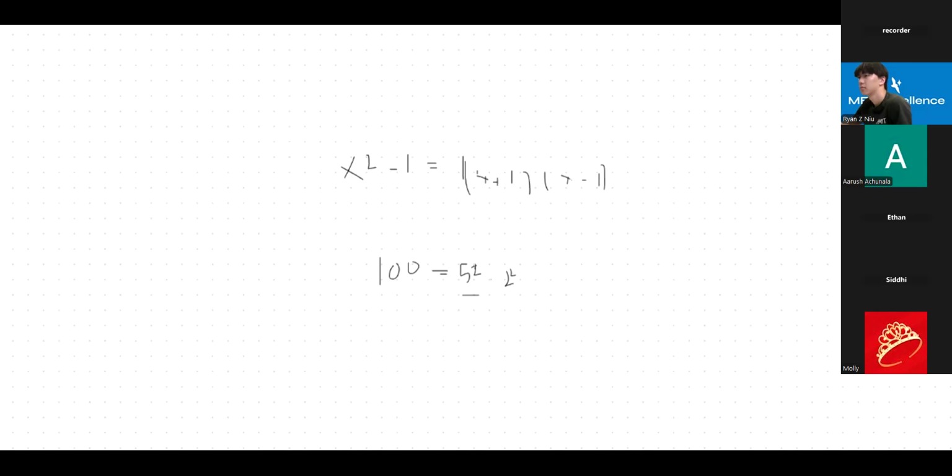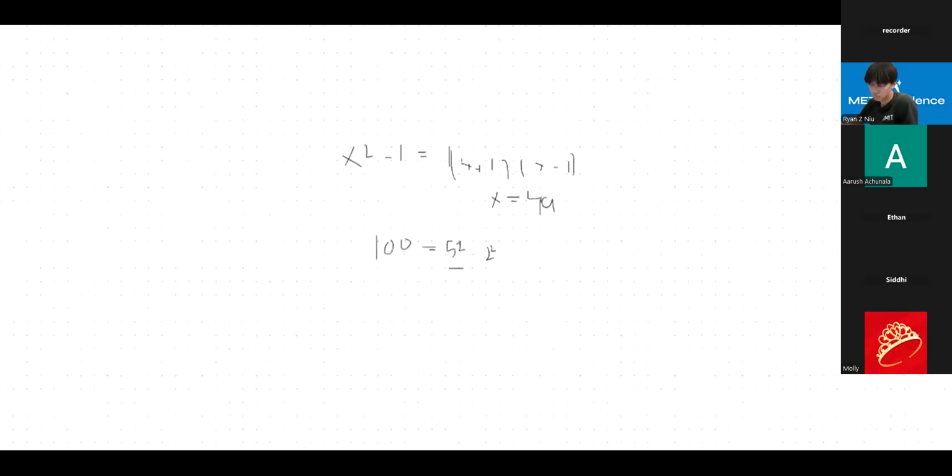So then x would be 49, which would give us 50 times 48, which is divisible by 100 because 50 times 48 is 2,400, I think. So yeah, the second smallest positive integer x must be 49. And there you go.